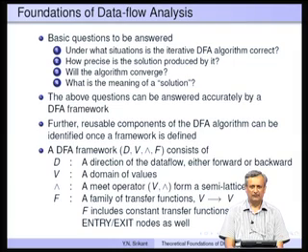So, what are the formal aspects of these? The direction of course is just forward or backward, we are not studying any other type of direction here, and the domain of values V along with the meet operator, they actually form a semi-lattice. So, we are going to study what is a semi-lattice and how is it applicable to our problem.